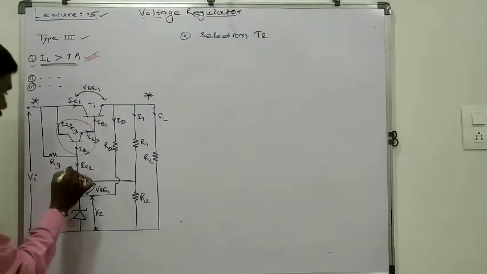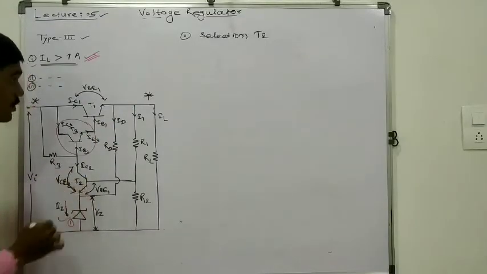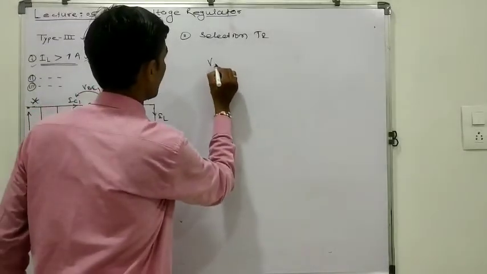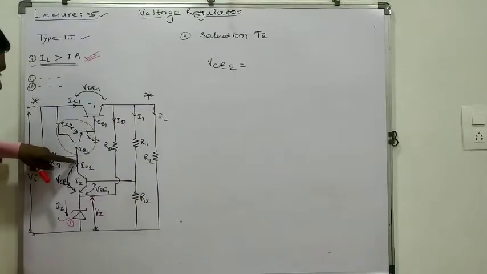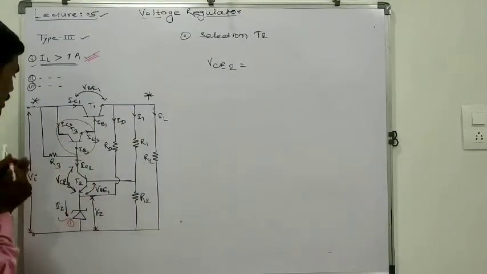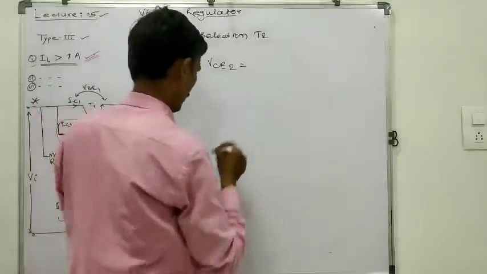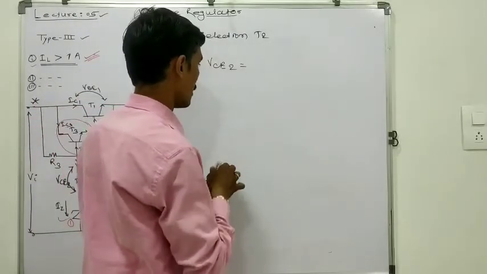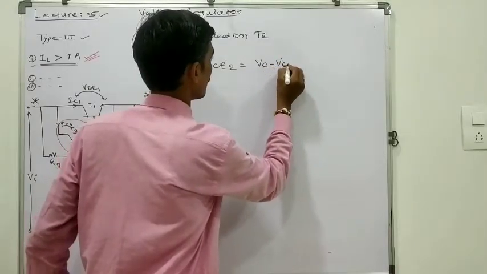So again we have to calculate this voltage VCE2. So what is the value of VCE2? VCE2 is nothing but the voltage appearing at this point, that is the collector voltage, minus this emitter voltage. So we can write it as VC minus VE.